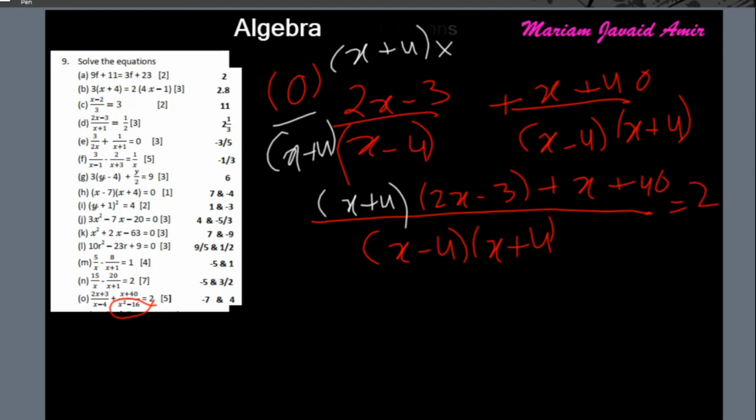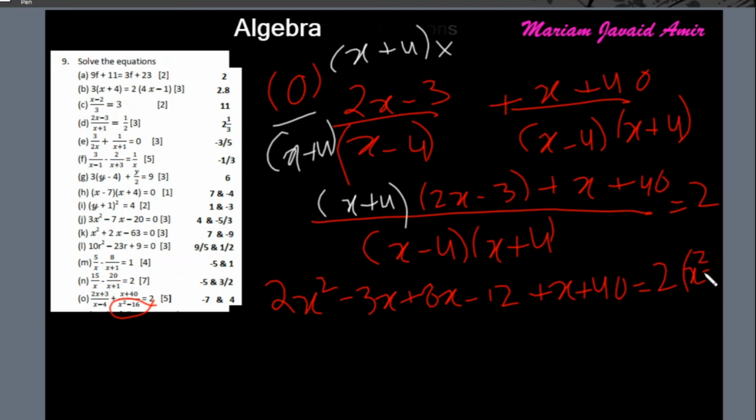So the numerator becomes 2x square minus 3x plus 8x minus 12 plus x plus 40, and this becomes 2 times x minus 4 and x plus 4, which can be written as x square minus 16 again.